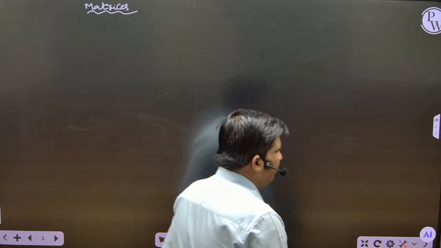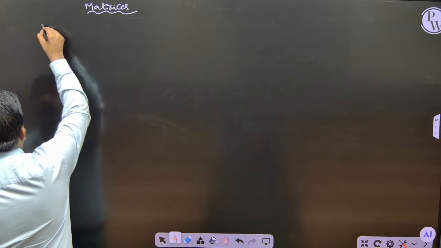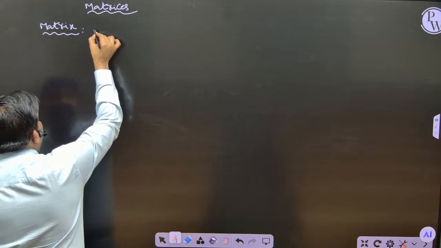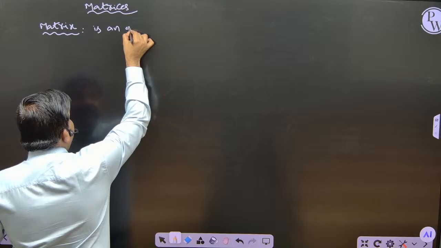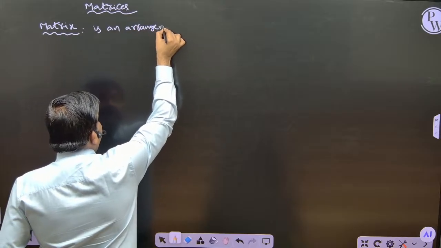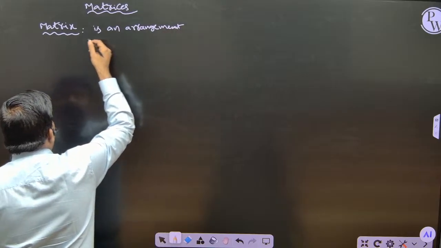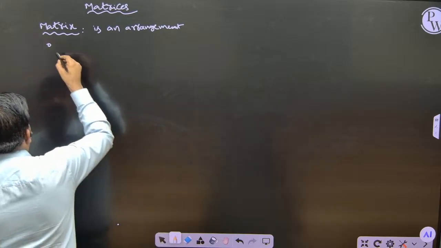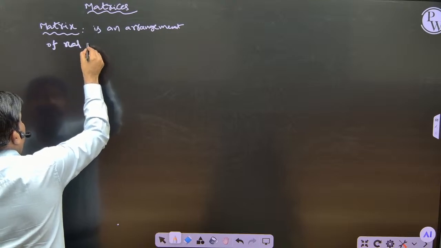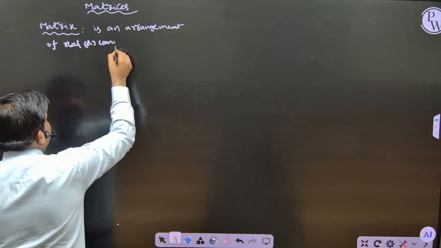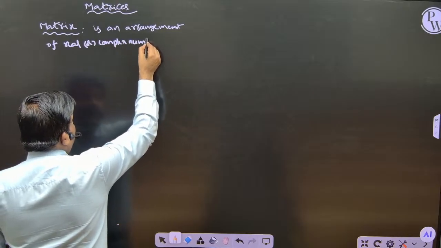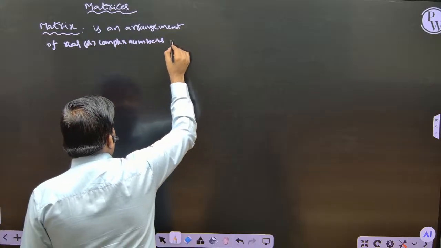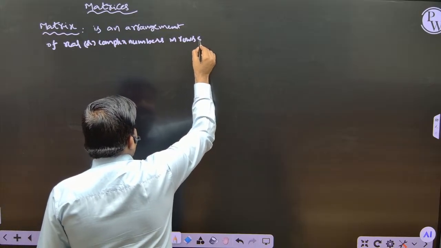What is the meaning of matrix? A matrix is an arrangement of real or complex numbers in rows and columns.